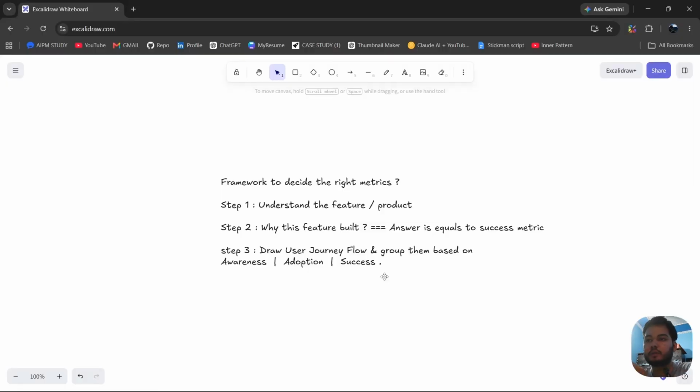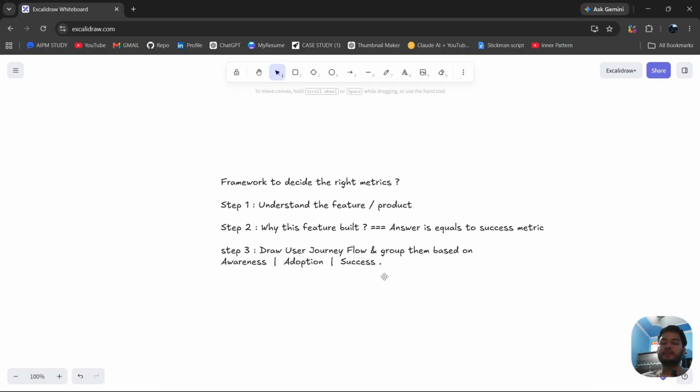Now we are going to talk about the actual framework, a step-by-step structured way of thinking, to decide the right metrics for us. This is divided into three steps, in which we will cover how to decide the perfect metric for any product that you have been working on.